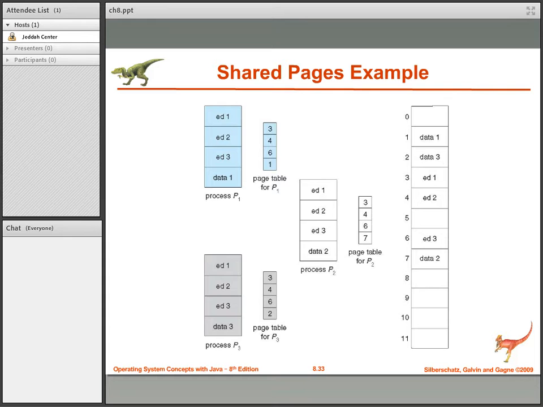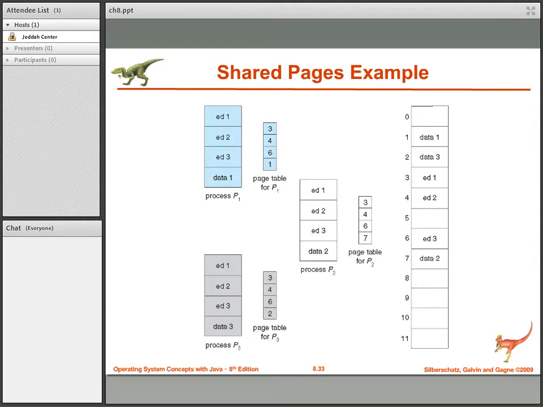Now, the page table for P1 is given as 3, 4, 6, 1, which corresponds to the frame numbers. So you have edit 1 in frame number 3 in the main memory. You have edit 2 in frame number 4 in the main memory. You have edit 3 in frame number 6 in the main memory, and you have data 1 in frame number 1 in the main memory.